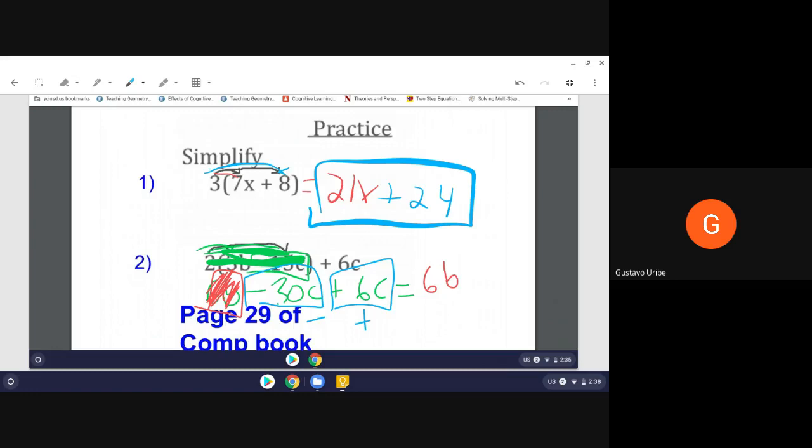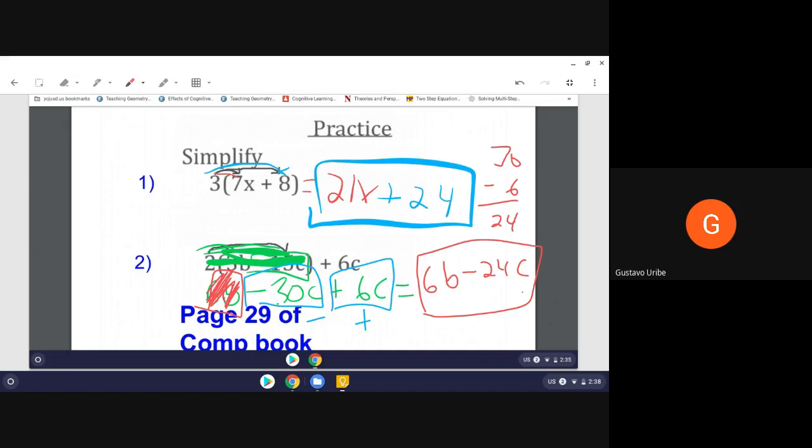So these are different signs. So remember, we're going to subtract them, and you're going to keep the sign of the bigger number. So my bigger number is 30, and this is a negative. So my answer is going to be a negative. 30 minus 6 will give me 24. So this will be a 24, and we can't forget the variable c. So there you go. 6b minus 24c is our final answer.